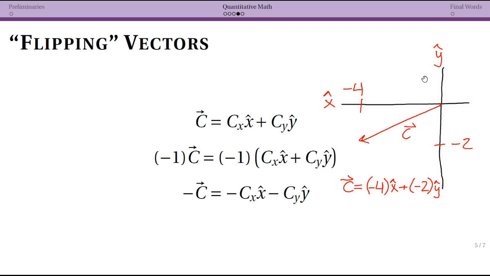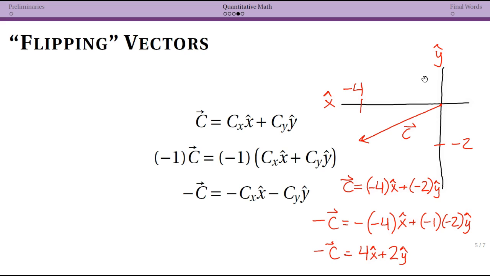So in this case, if I want to flip it, -C is going to be equal to -1 times -4 in the x hat direction plus -1 times -2 in the y hat direction. So the -C vector is equal to 4x hat plus 2y hat. And what that's going to look like then, if I actually didn't draw enough of an axis, is flipping this would look like that.